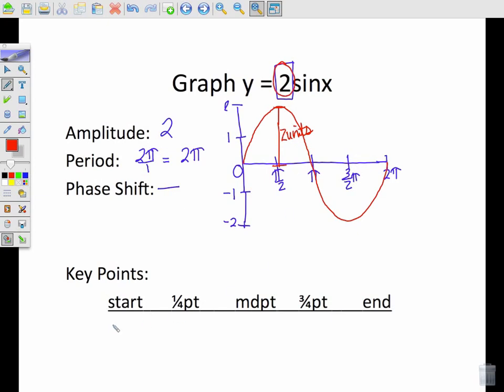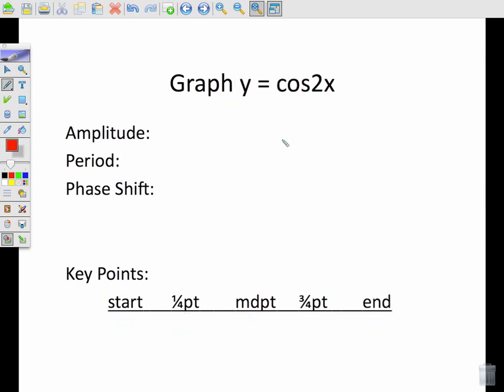And that 2 comes from the number in front. But my point, my 0 is where I start. I still have pi over 2 being my first quarter. Pi is your midpoint, 3/2 pi is the third quarter, and finally 2 pi is the end. Now this graph again would continue to repeat, and it would have the same type of pattern.